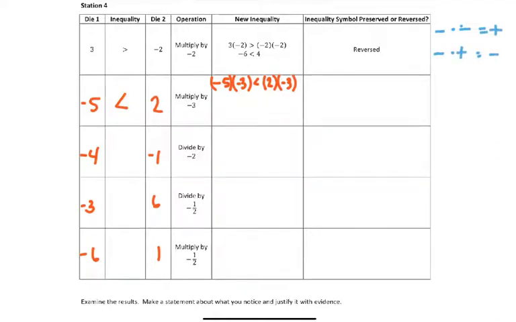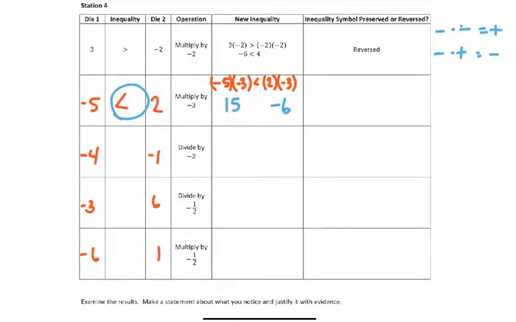All right. So we have on the left side, -5 times -3, which is positive 15. And on the right side, we have 2 times -3, which is -6. So now I have to ask myself, can I still say that 15 is less than, because that's what my inequality symbol said right here, is less than. Can I still say that 15 is less than -6?